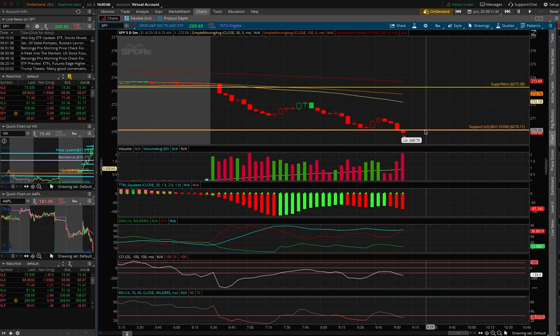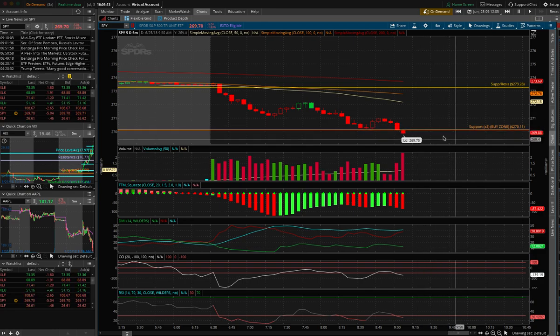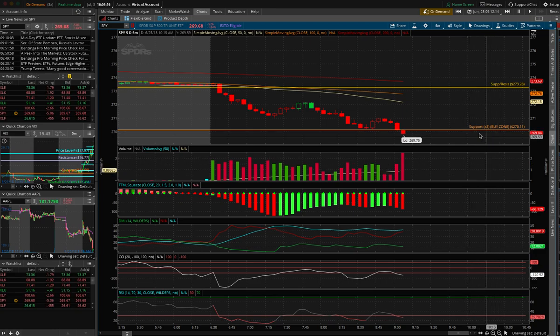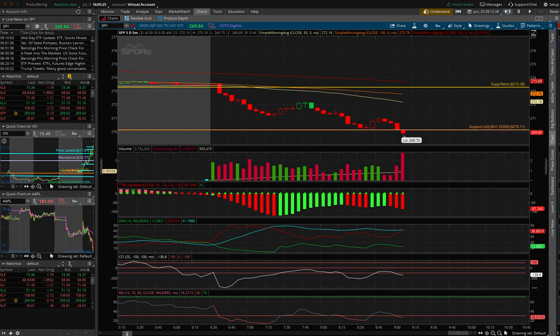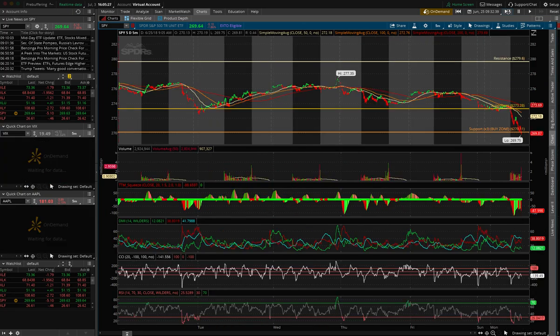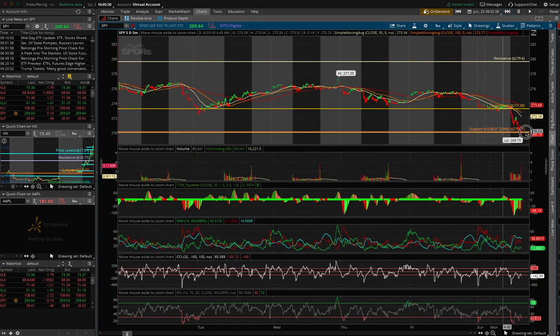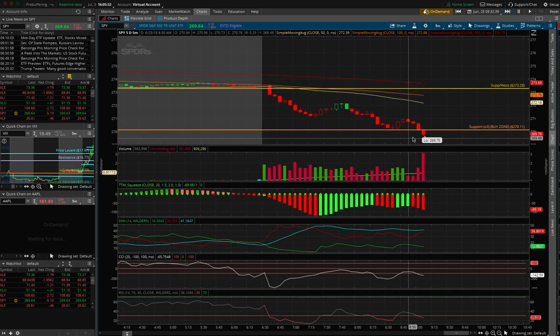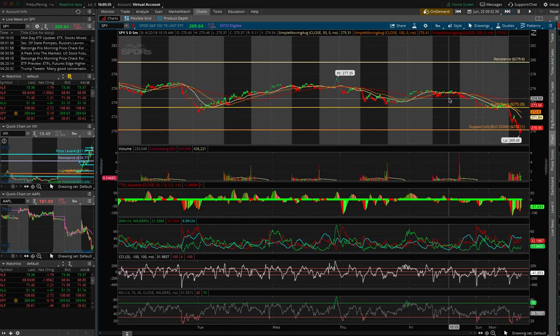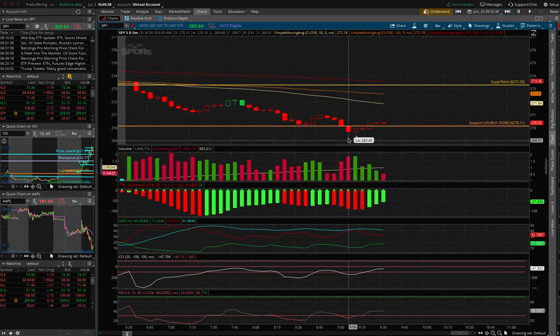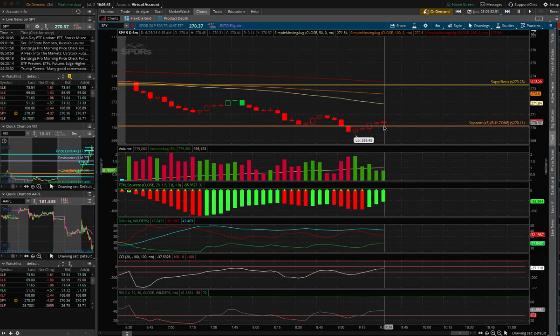So you want to see that the price gets above 270, even if it goes down and consolidates for a little bit or stays here at 270, you just want it above 270 by close. So it stayed below a little bit. It got above.